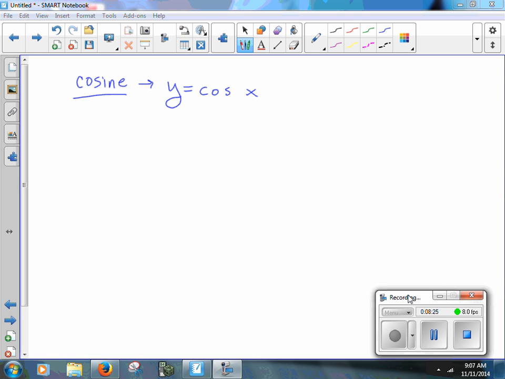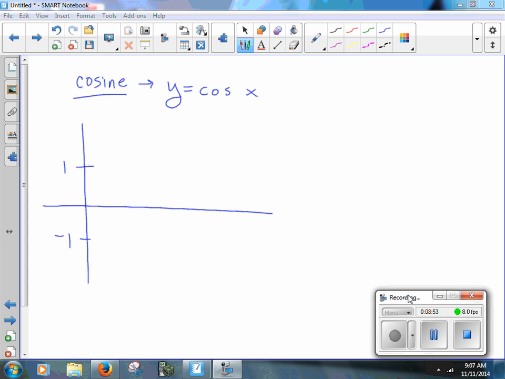Y equals cosine x. Again, same type of picture. It's going to be heavy on the positive x side. 1 and -1 are very important to us. But when you look back at your graphs, where did the cosine curve start? Sine starts at the origin, but where does cosine start?